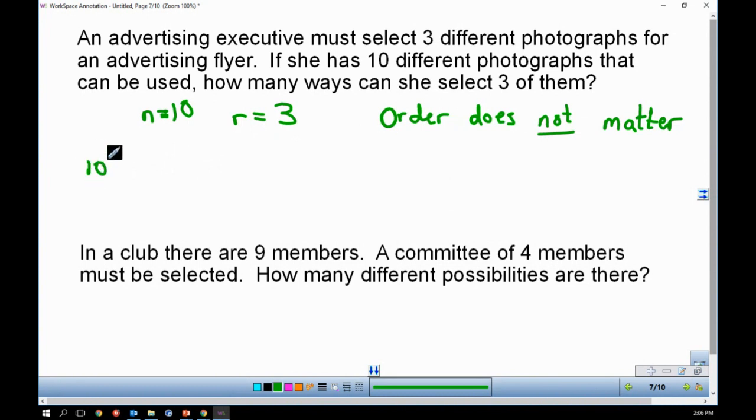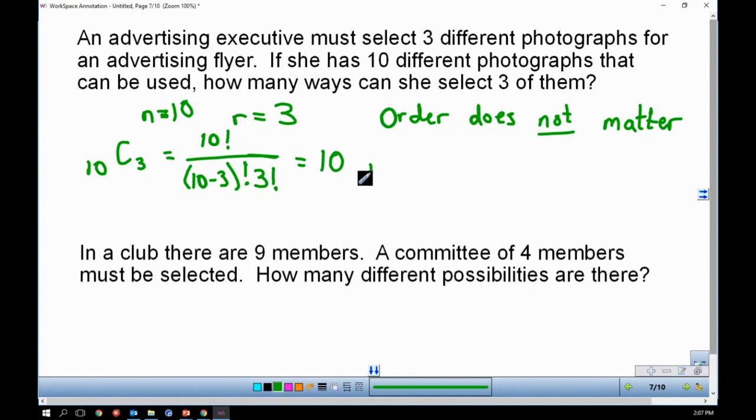So we have 10C3. If we did it in the formula format, we'd say 10 factorial over 10 minus 3 factorial times 3 factorial, which gives you 120.